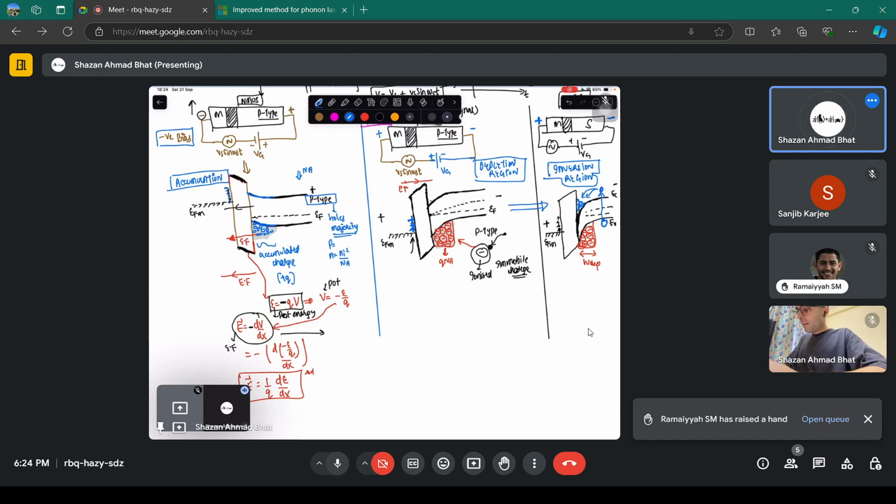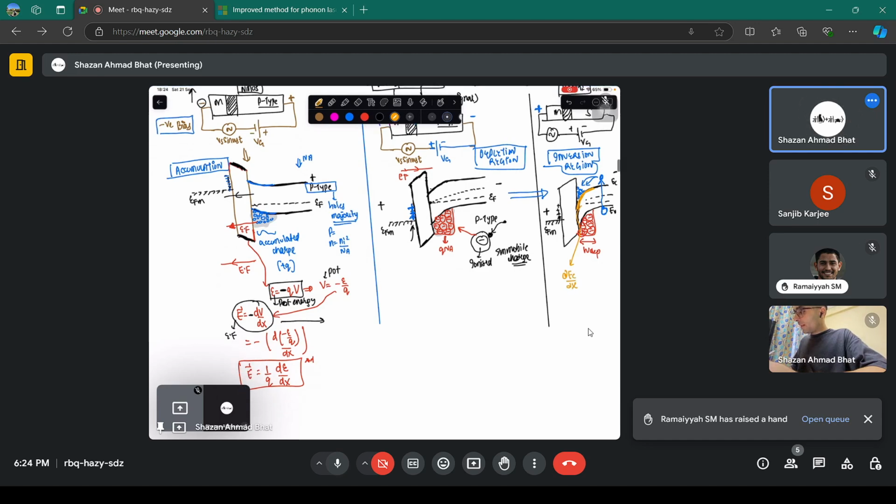And because there is this particular steep bending here, the gradient of the conduction band basically indicates the electric field, 1 over q. And because of it, the drift current starts to flow.